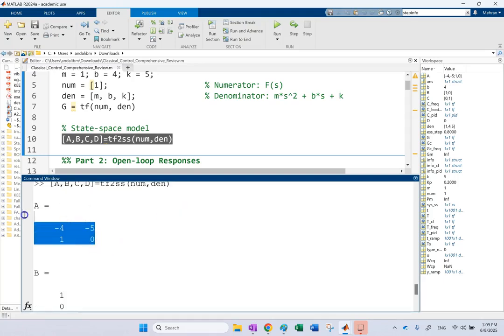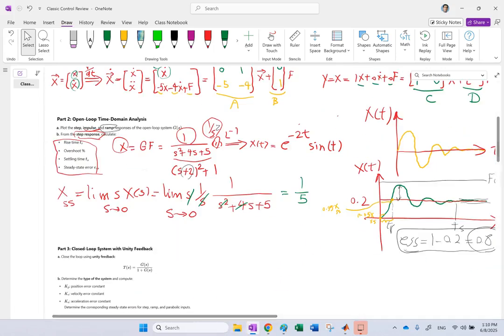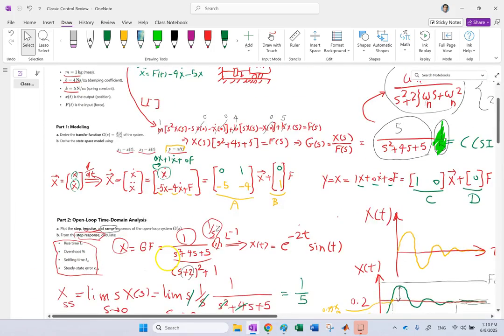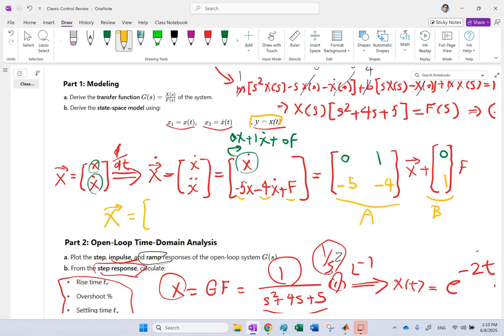And you get the same matrices that we have, or maybe different. You might say, these are not those matrices. You are right, they are not. If you look at this A for me, the top row and the bottom row are swapped, and the first column and the second column are swapped. Why? Because in this system, the way that MATLAB did it, MATLAB used the opposite of this. So in MATLAB, the x vector is considered as velocity as the first component and position as the second component.